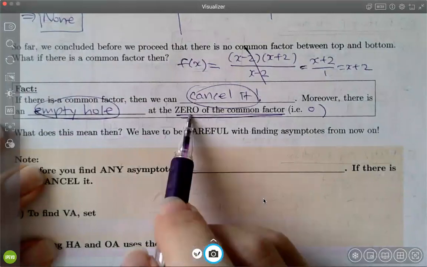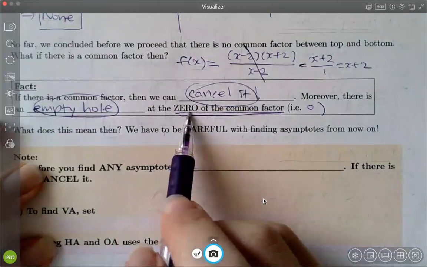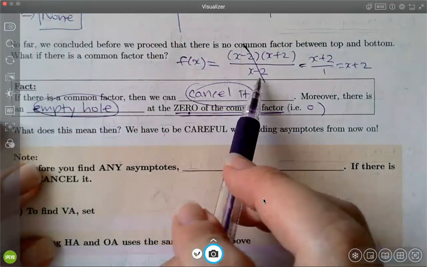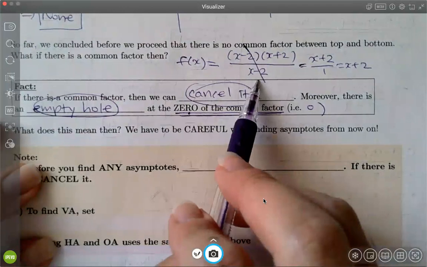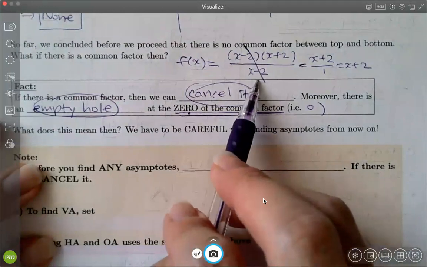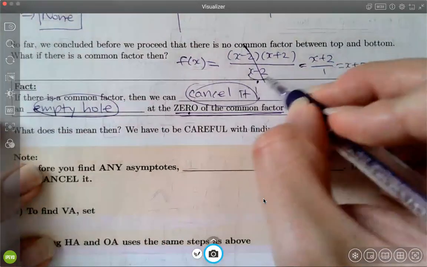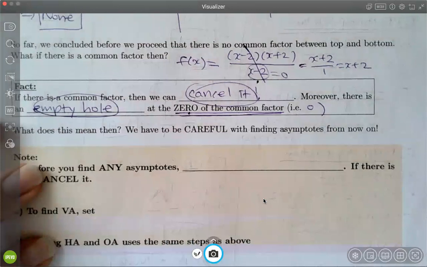Now here, be careful, it's not the number 0, right? It's the word zero. So going back to this specific example here, what does that mean? There will be an empty hole at x is equal to 2. Why? Because the canceled common factor was x minus 2, and to get a zero, you set it equal to 0, right? So there will be an empty hole at x is equal to 2.